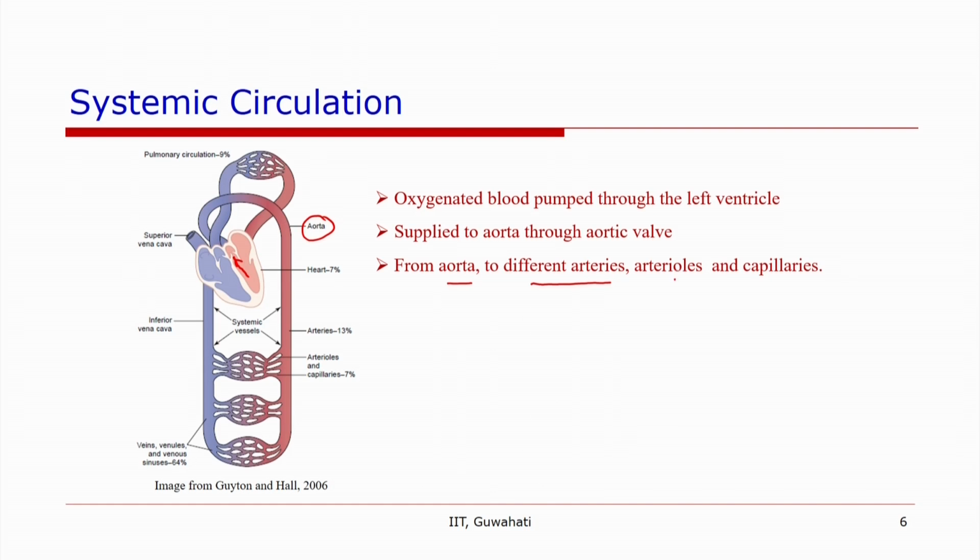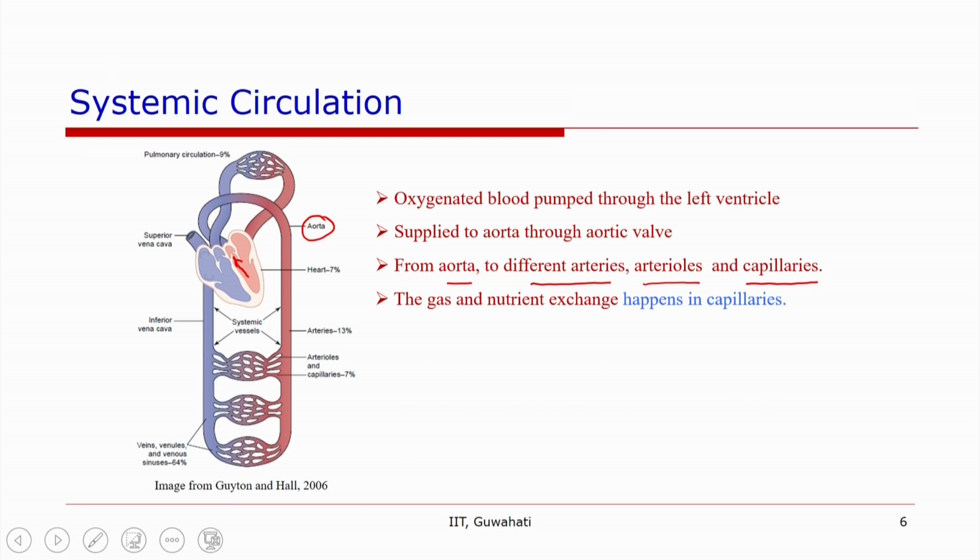At the organs they are called arterioles, and further arterioles divide into smaller vessels which are called capillaries, and in capillaries the exchange of gas happens. The oxygen is given to the different tissues, and the carbon dioxide from there is taken.